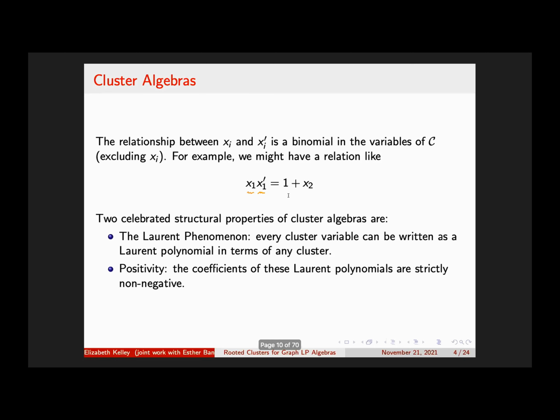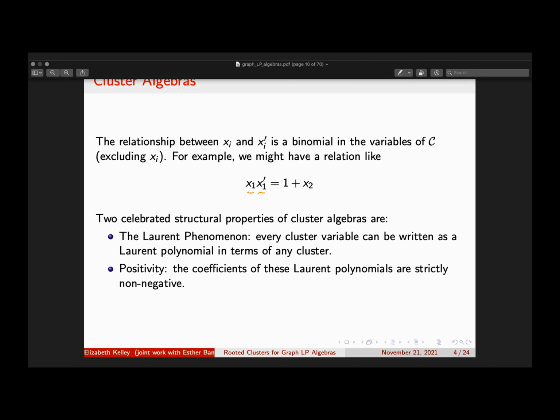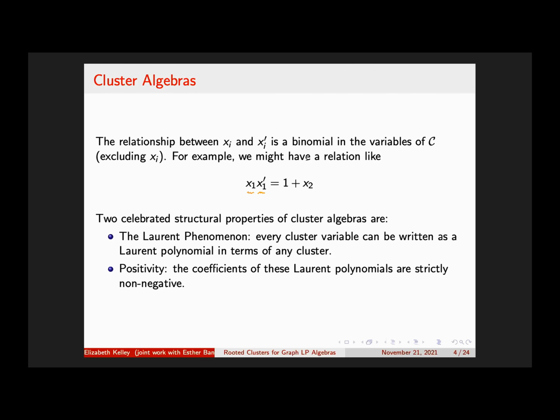And even better, I have what's called positivity, which says when I do this cancellation, even though it's not a priori obvious that canceling polynomials is going to give me something with positive integer coefficients, I actually end up with a Laurent polynomial with positive integer coefficients, which should immediately jump out at you as maybe something that's hiding some interesting combinatorics, right? Because as a combinatorialist, I see positive integers and I want to start counting things.